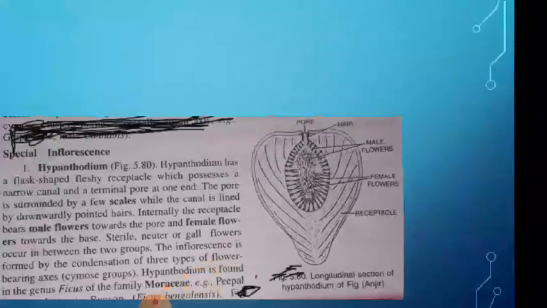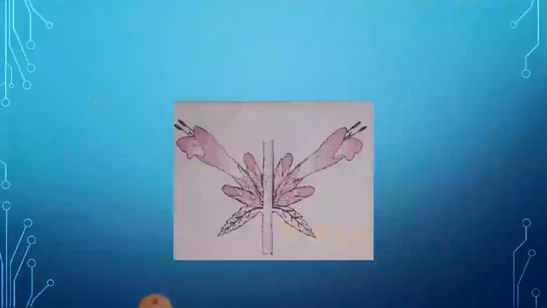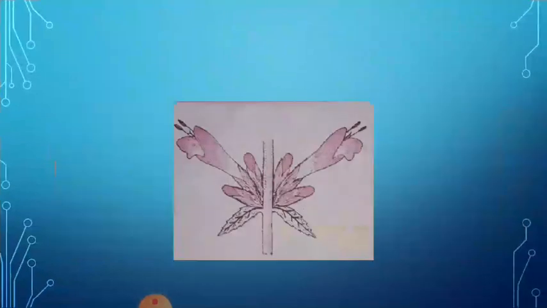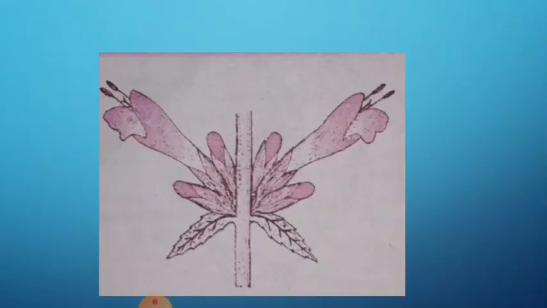Second is verticillaster. Two clusters, each having 3 to 9 flowers, develop on a node in the axil of opposite leaves.